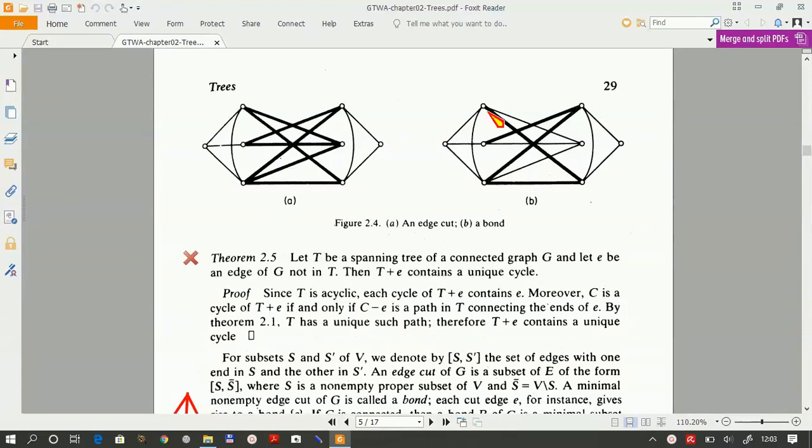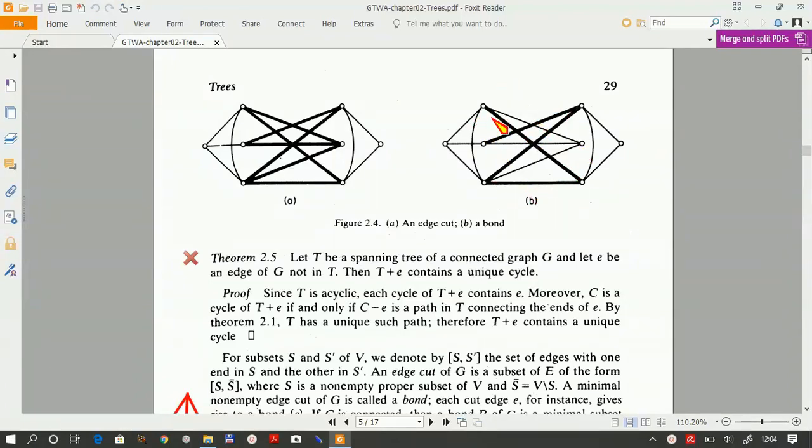Here, the set S of vertices is the previous 4 plus this one, and S bar is given by only these 3 vertices. And actually, if you take all the edges connecting the 5 vertices of S with the 3 of S bar, you find these thickened lines.